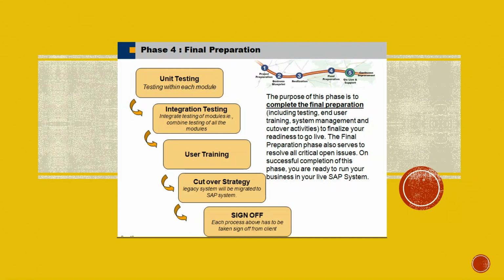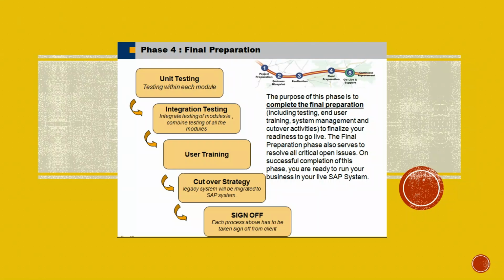In the final preparation, all types of testing would be performed, like unit testing, integration testing, regression testing, and so on. Train the trainer, the users would be trained, and user documents would be prepared. The cutover strategies would be defined. When I say cutover, there is master data available in the old legacy system, and transactional data as well, like open sales orders, open invoices, open deliveries.